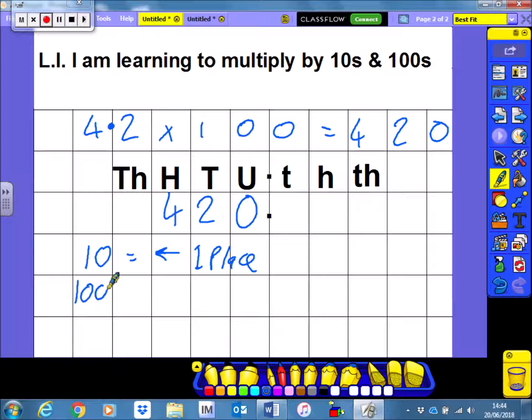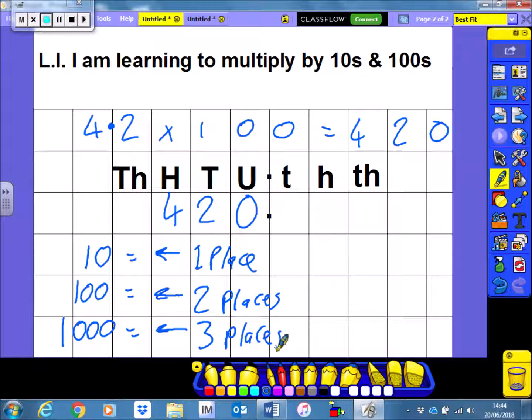If we're timesing by 100, we move everything to the left 2 places. If we were timesing by 1,000, which we haven't covered in this video, you can probably work it out though. It would be the same thing. We'd be moving to the left, but it would be 3 places.